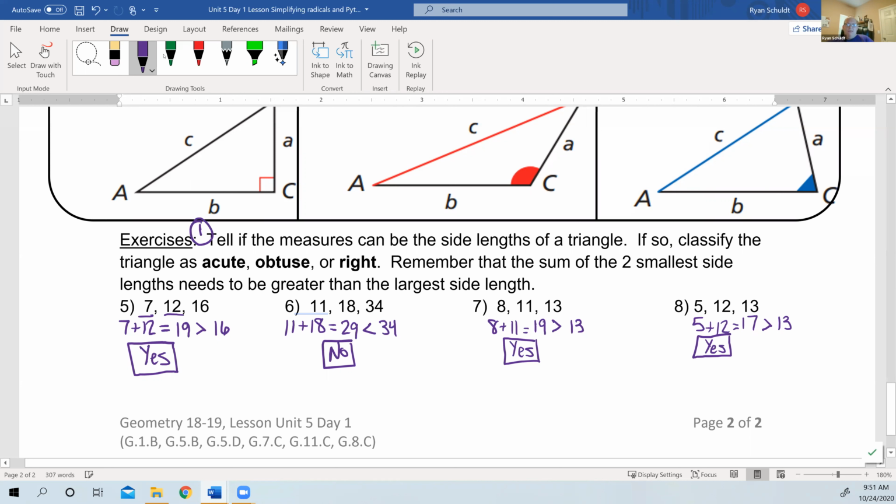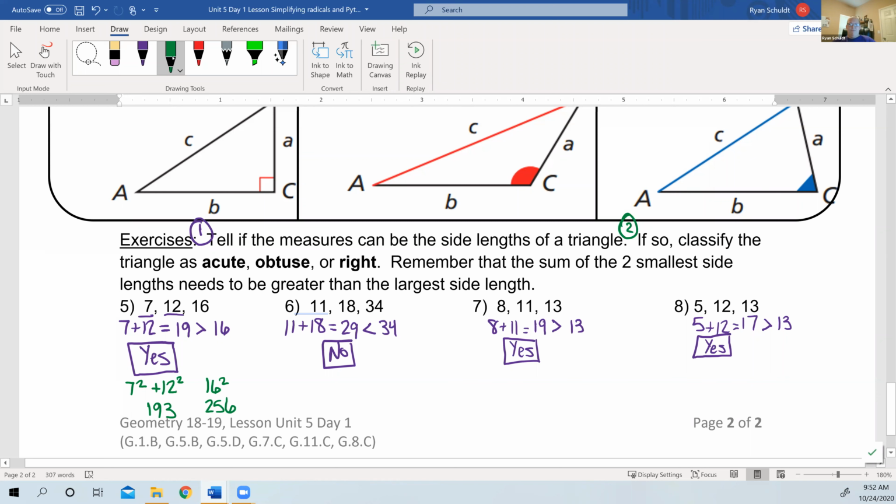Now that's just the first part of the question. That was part 1. Now we need to do part 2. Classify the triangle as acute, obtuse, or right. So what I'm going to have to do here is see how 7 squared plus 12 squared compares to 16 squared. So 7 squared plus 12 squared is 193. 16 squared is 256.